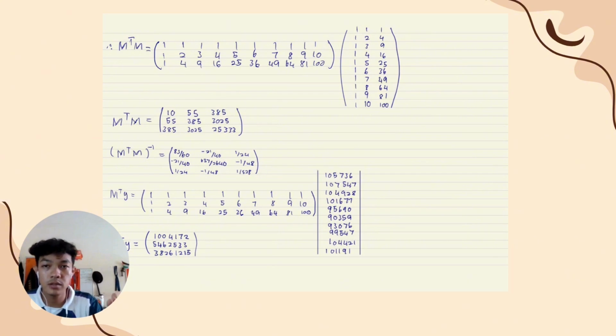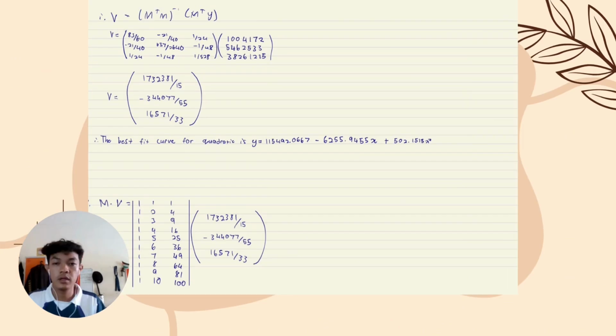The calculation I made is helped by using Maple and my calculator. And then we need to find the matrix transpose multiplied by y. Therefore, after we find the matrix transpose inverse and matrix transpose multiplied by y, we should get the V, which is 17323M81 over 15, and then negative 344,077 divided by 55, and then 16571 divided by 33.